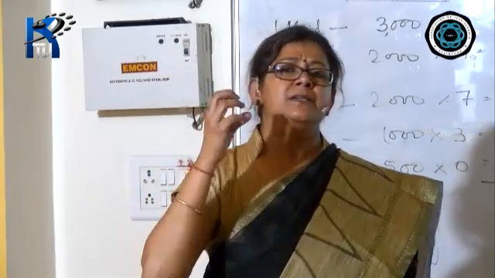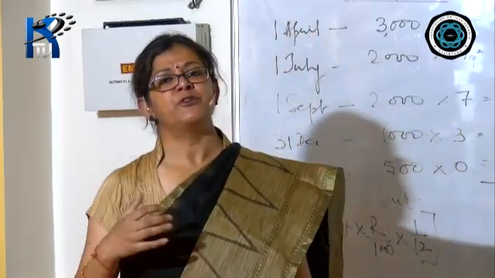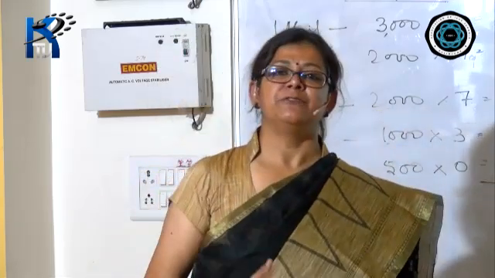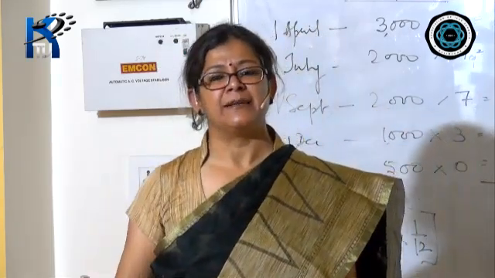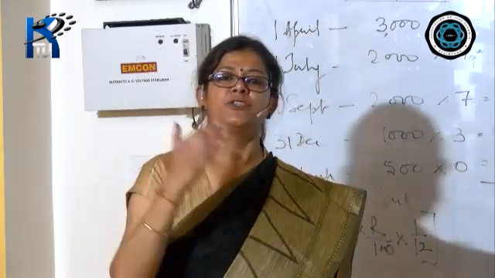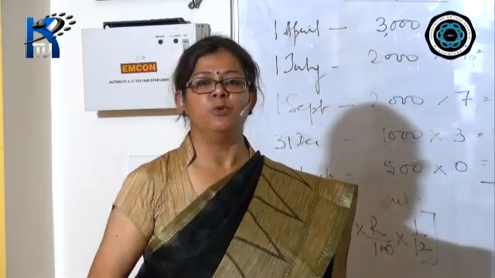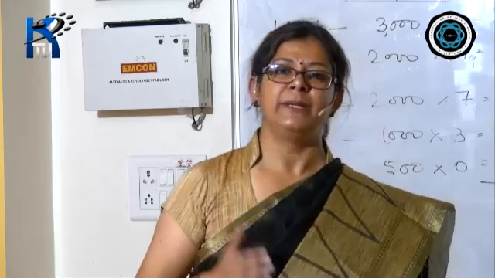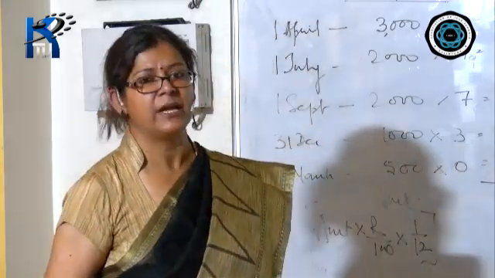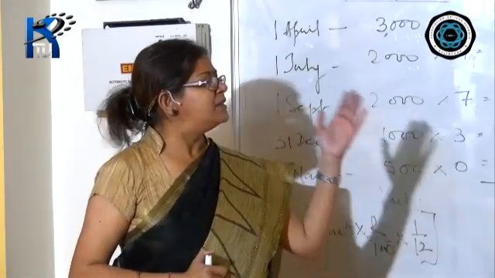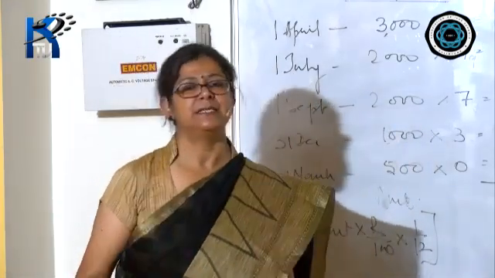Supposing 5,000 has been withdrawn during the year, the date is not mentioned and the rate of interest is 6%. So 6% of 5,000 is 300 rupees. So 300 divided by 2 will be 150. So 150 will be the interest on drawings, not 300. Why? Because the date has not been mentioned in the question. This is very, very important, which we tend to forget.